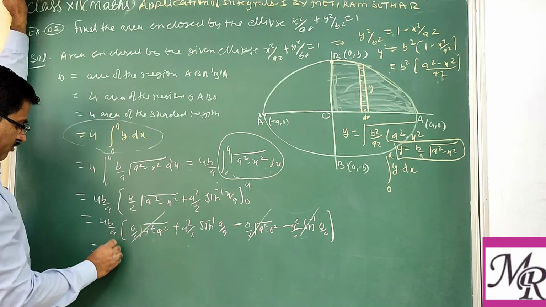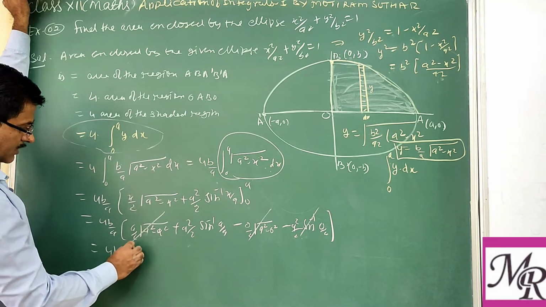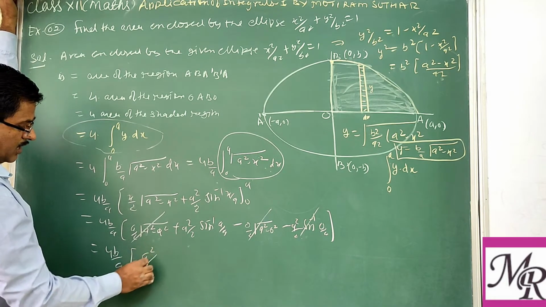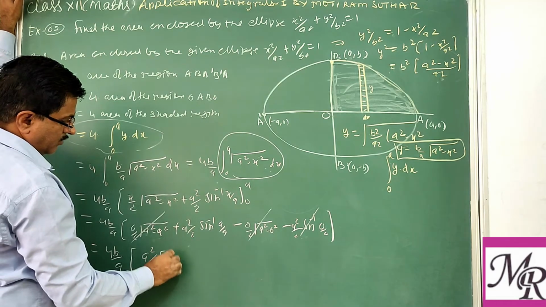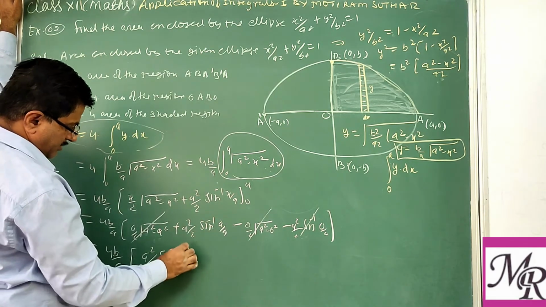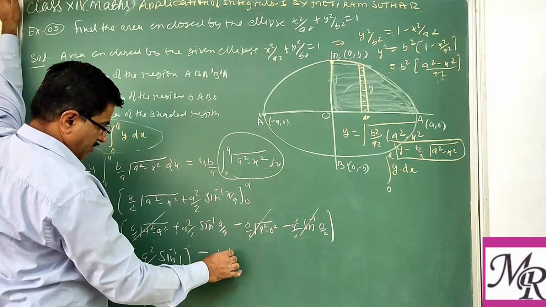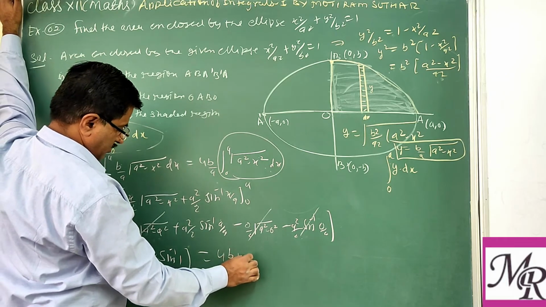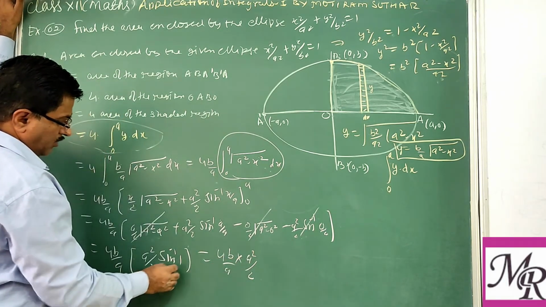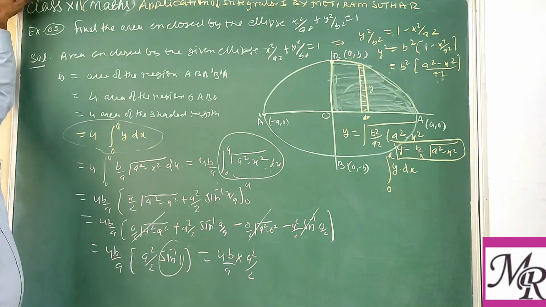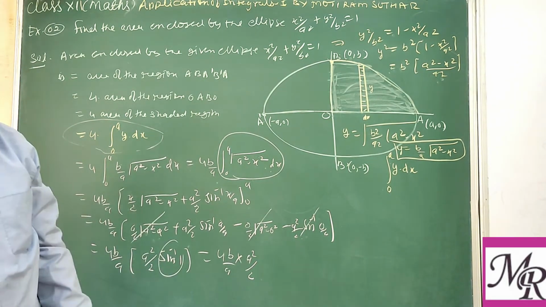So we may write 4b upon a, into a square by 2 sin inverse a by a, that is sin inverse 1, or 4 by b a into a square by 2. Now the value of sin inverse 1 is pi by 2.